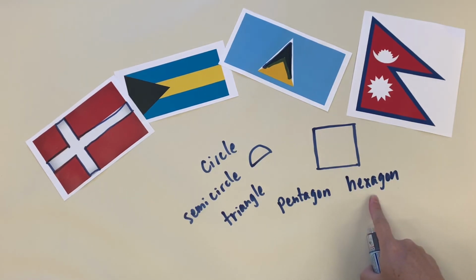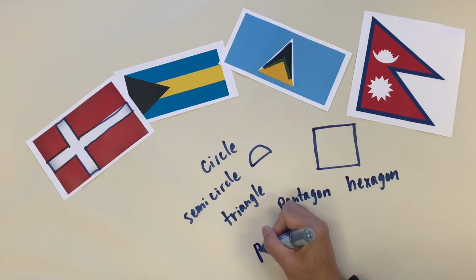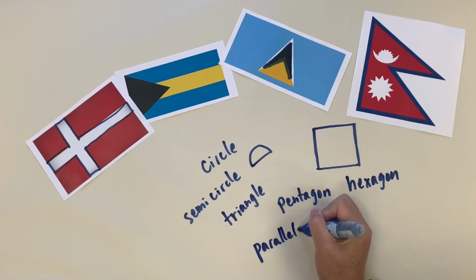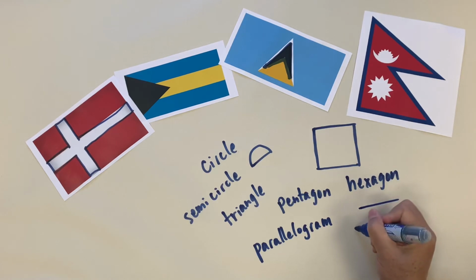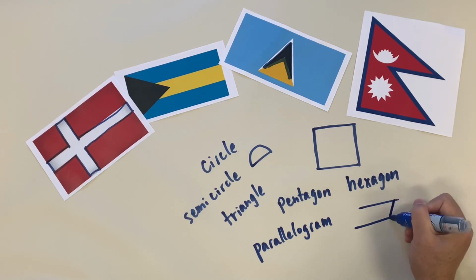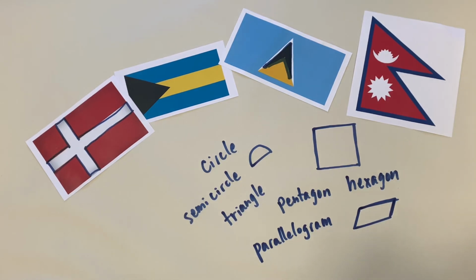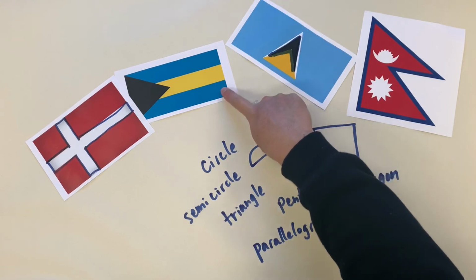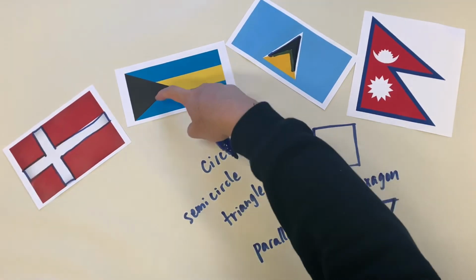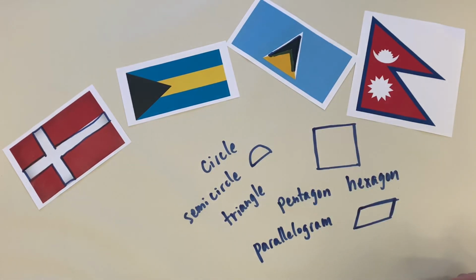I bet you can, because I know there is one. I wonder if you can find a parallelogram. A parallelogram looks like this. 2 parallel sides and 2 parallel sides like this. Right? I wonder if you can find a trapezium. I found one here. This is a trapezium. A trapezium needs at least 1 pair of parallel sides.